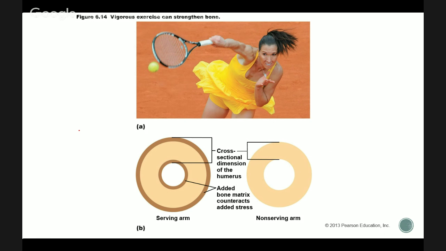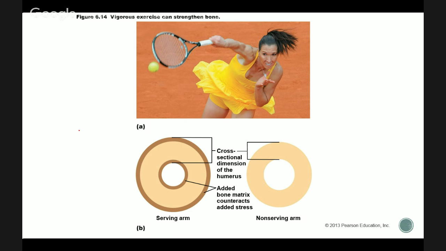So what they're trying to show you here is that in her serving arm, or the right arm, you can see that there's an additional layer of bone that's added to the circumference of that bone, as opposed to the non-serving arm. So what they're trying to get you to understand here is that the bone will add thickness to it to compensate for the increased tensile strengths that are placed upon it.